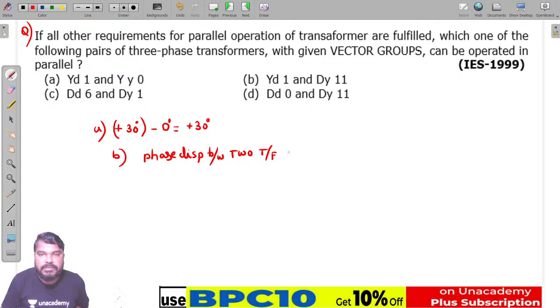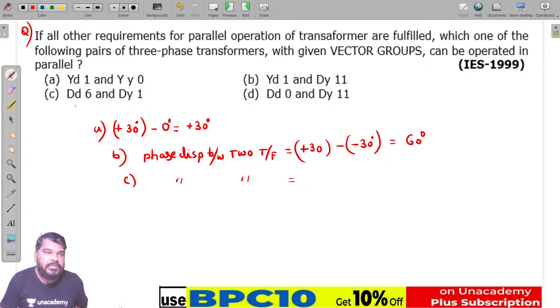YD1 is plus 30 degrees, and YD11 is minus 30 degrees, so the difference is 60 degrees, right? For option C, YD6 is 180 degrees, and DY1 is plus 30 degrees, so 180 minus 30 is 150 degrees. Next, DD0 is 0 degrees and DY11 is minus 30 degrees, so it is equal to plus 30 degrees.